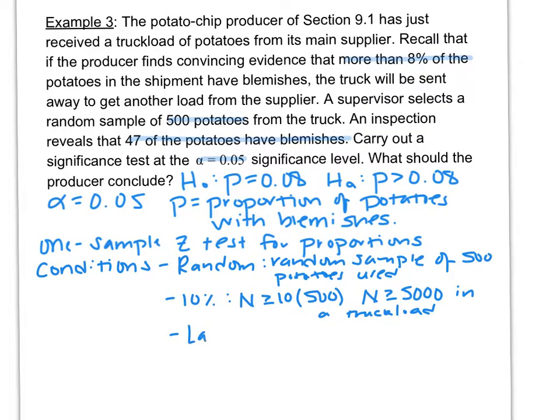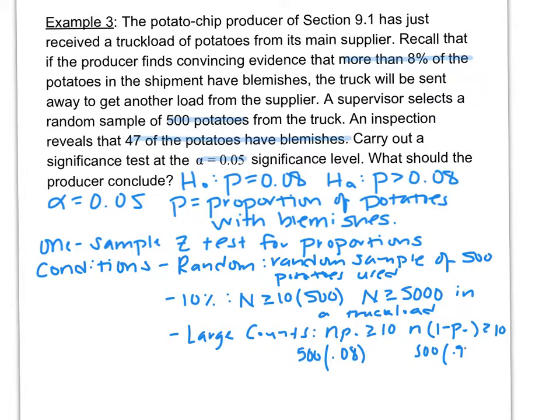And then my last condition is the large counts condition. Okay, and remember we're checking n times p sub 0 greater than or equal to 10, and n times 1 minus p sub 0 greater than or equal to 10. So in this case, that would be n is 500 times 8%, and 500 times 92%.